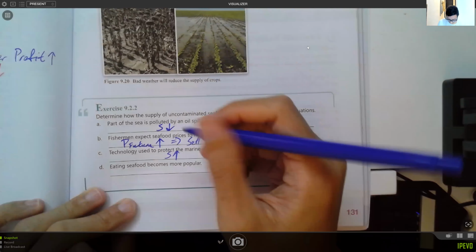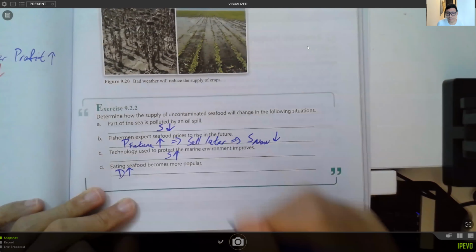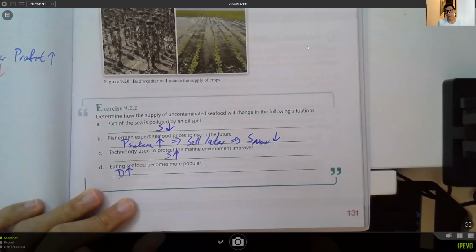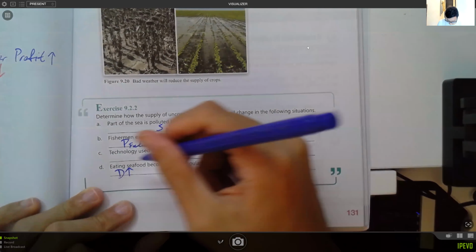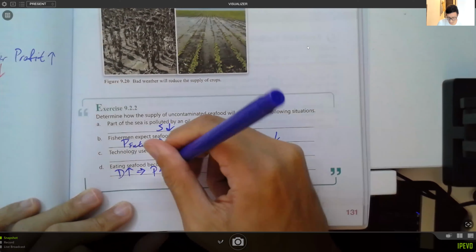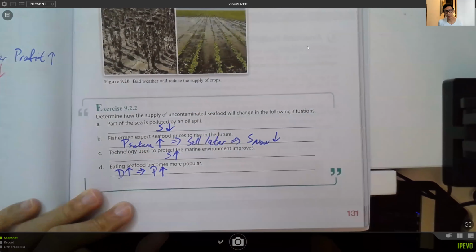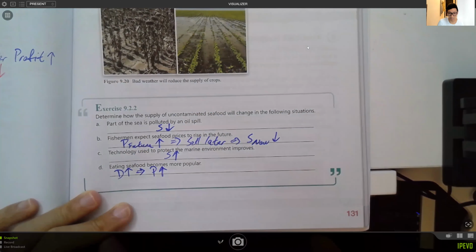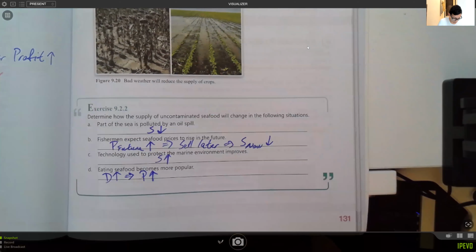What does that mean? It means that the demand for seafood would increase. 好啦，when demand increase，price of seafood would increase。嗱，呢個我哋未學嘅，所以唔使擔心。OK，we will talk about that in next video. But for now, all you need to look at is this one.